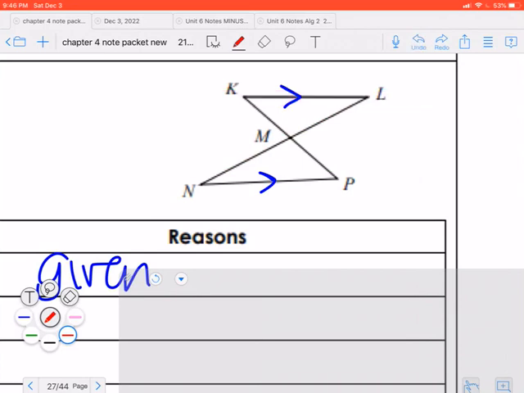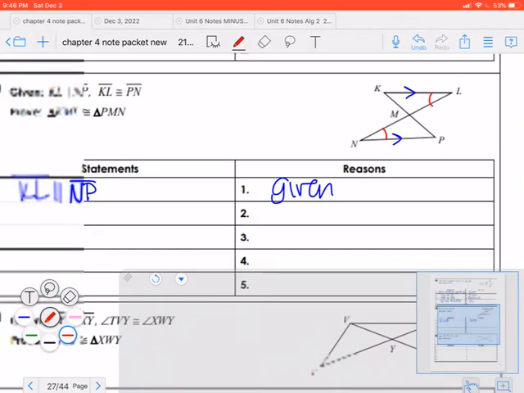So what do you guys notice in this one? Well, hopefully you already practiced through it. So I'm looking at this transversal, and so I can say that those two angles are equal to each other because they're alternate interior. So I'm going to say that next.